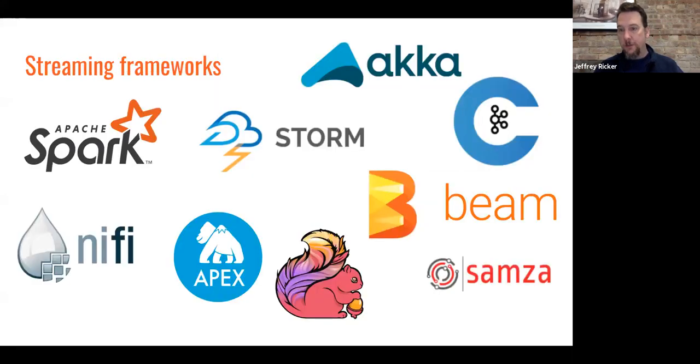And here are some of the most popular ones. We got Spark, Storm, Akka Streams, Samza, Flink, etc. It was just an explosion of this because everybody was trying to solve the same problem. So that's history up till now, what we've covered, right?